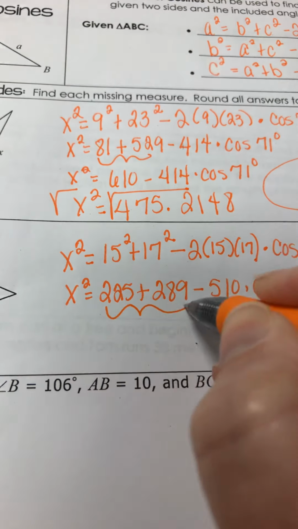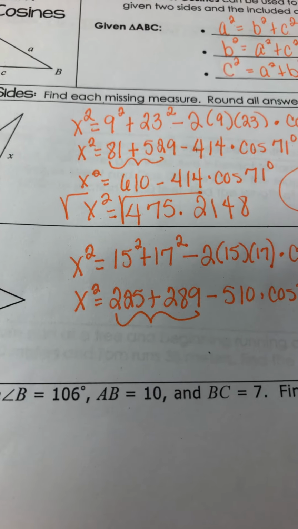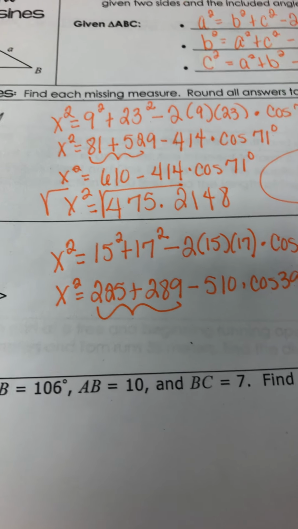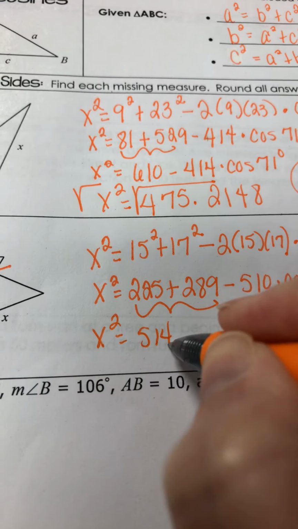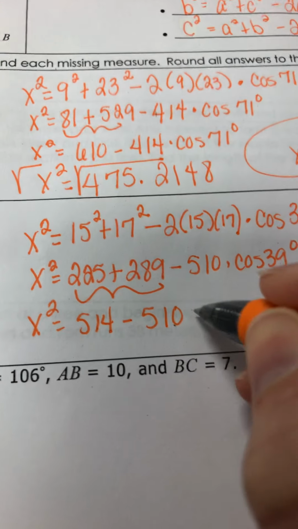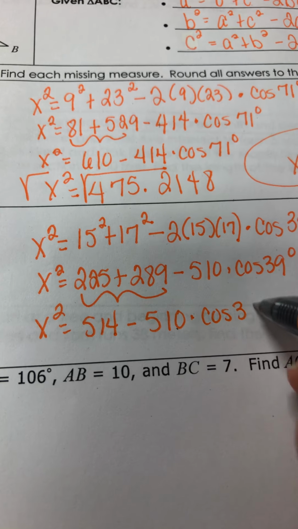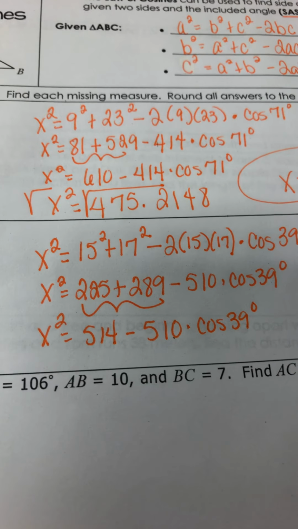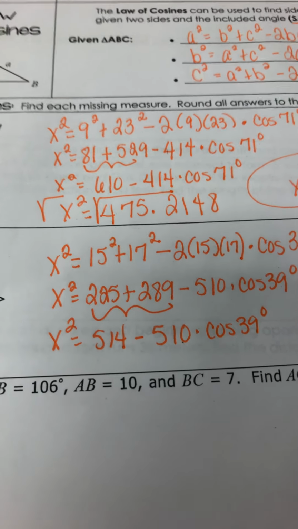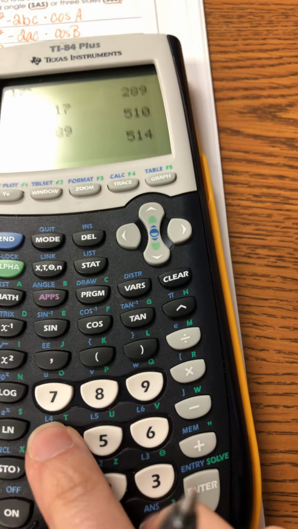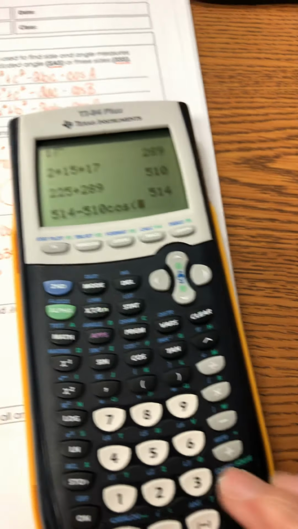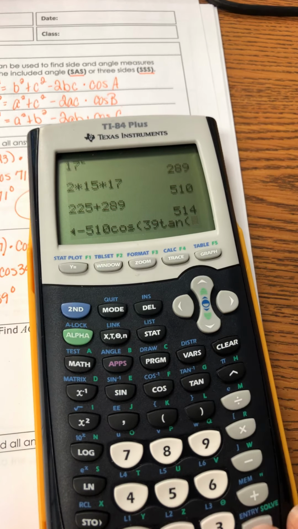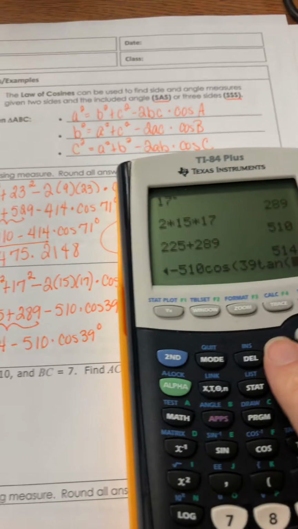Take these two and add them together: 225 plus 289 gives us 514. From here, the only thing I need to do is plug into my calculator: 514 minus 510 times the cosine of 39 degrees. Oh, I hit tangent.